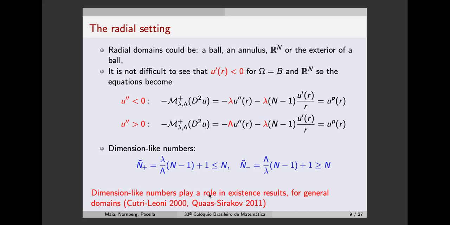These dimension-like numbers play an important role, as we are going to see, and they were already identified in the work of Cutri-Leoni 2000 on existence and non-existence of supersolutions for the Pucci operator, and Quaas-Sirakov for existence of solutions in the non-radial case.